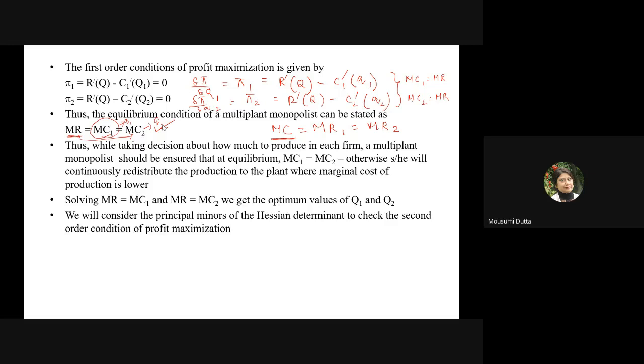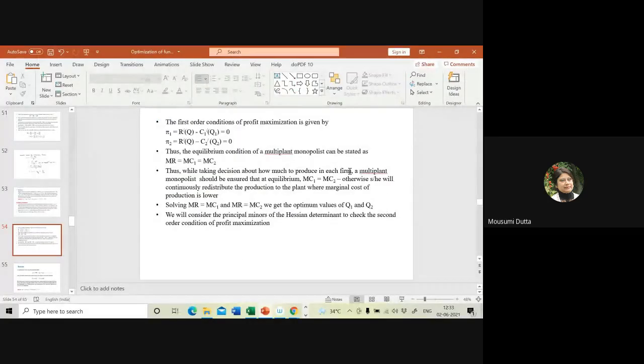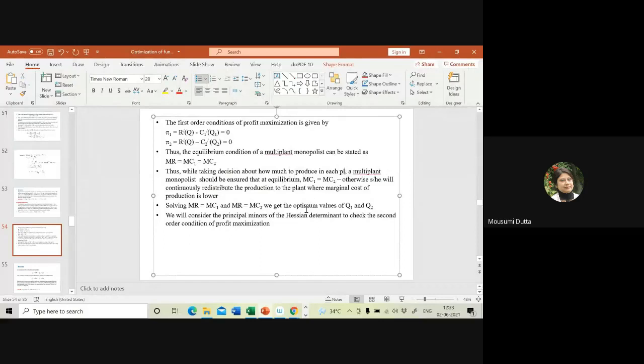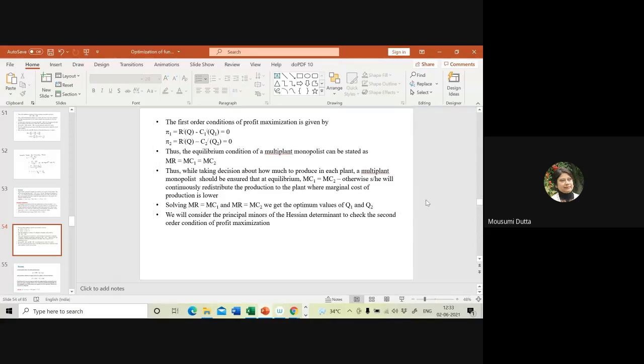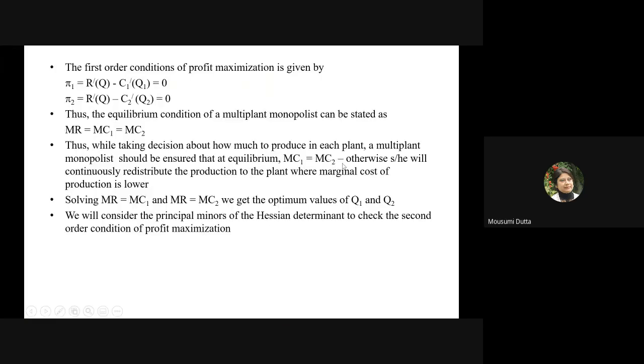Thus, while taking a decision about how much to produce in each plant, a multi-plant monopolist should ensure MC1 should be equal to MC2.